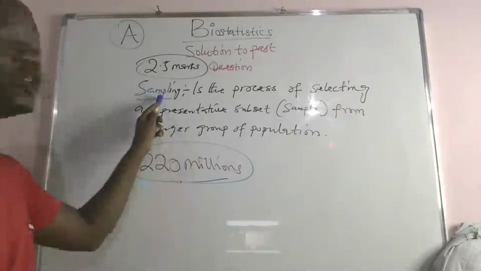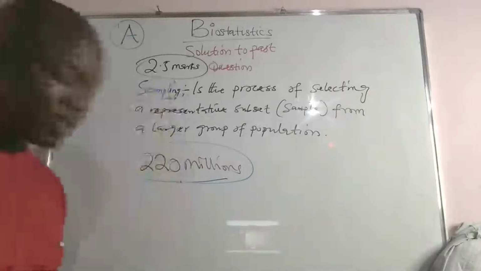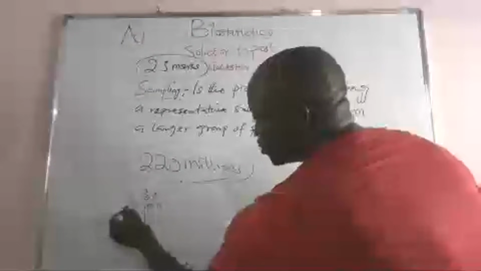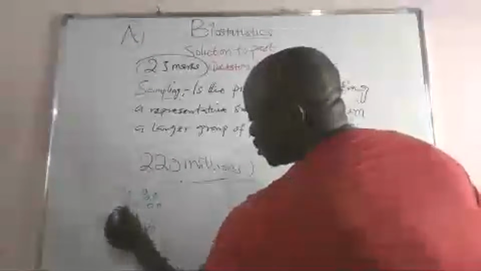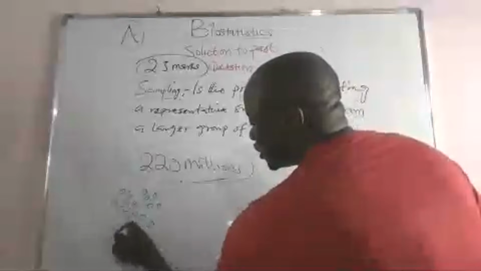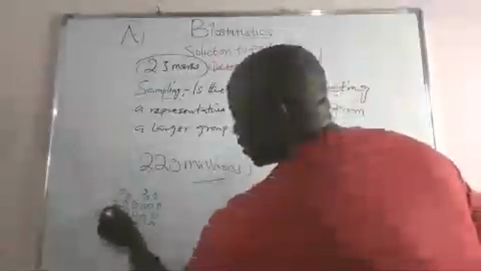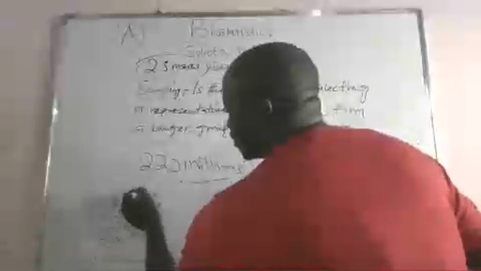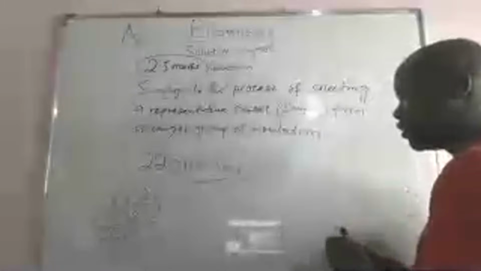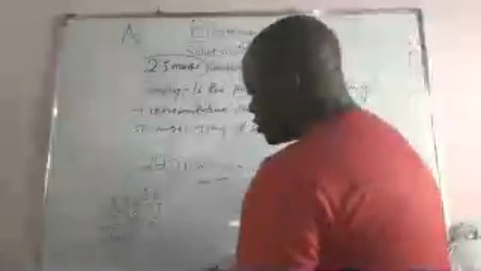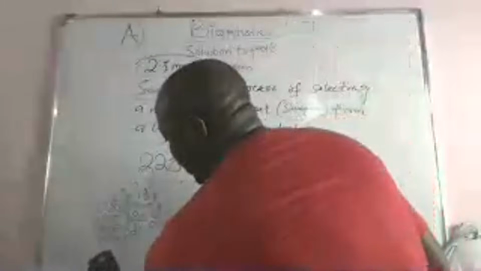So that is why you are doing sampling. Let's say you have the following as your population. Please look at it very well. Let's say you have the following as the population in Nigeria. All these are the population in Nigeria.